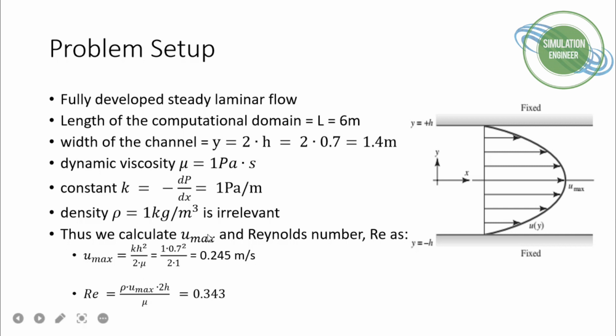So if we calculate our maximum value, keeping into account all these aforementioned values, we end up getting a maximum velocity at the center of the pipe of 0.245 meters per second. And similarly, that leads to a Reynolds number of about 0.343. Just take into account that for the velocity, I'll be using the maximum velocity to calculate the Reynolds number.